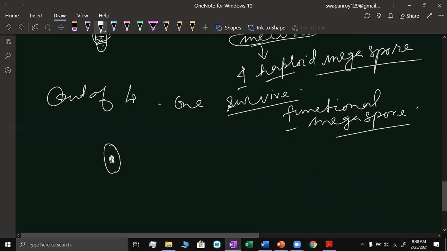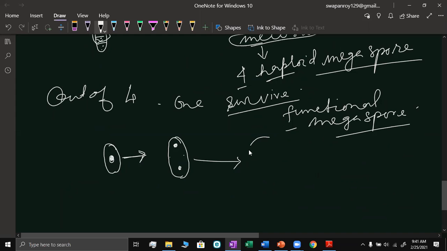One cell enlarges, and now this one will divide by mitosis. Only the nucleus divides, not the entire cell, meaning cytokinesis does not take place. So this nucleus divides into 2. This cell also enlarges, the nucleus divides but not the cytoplasm.